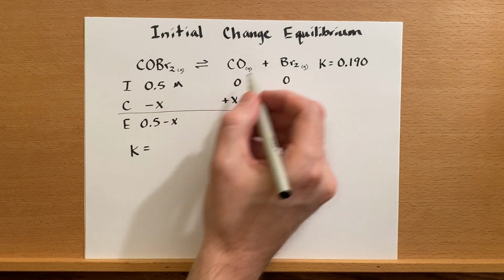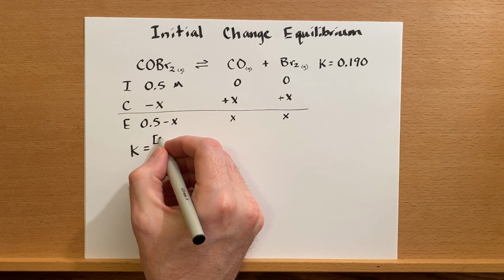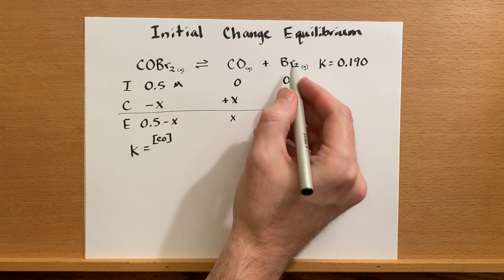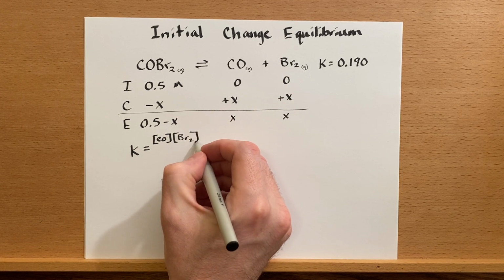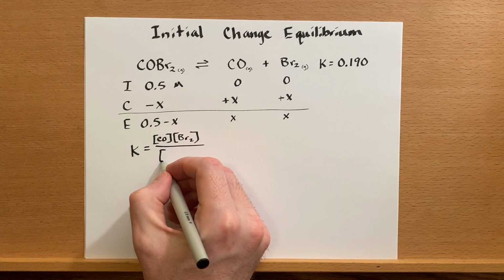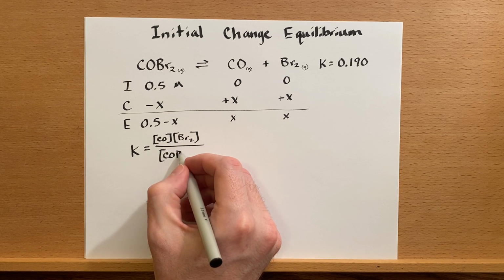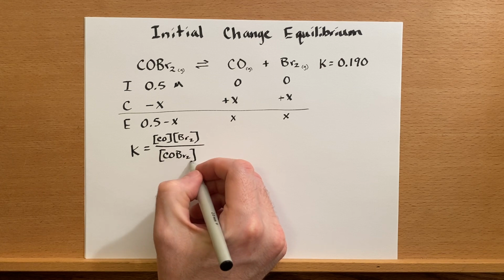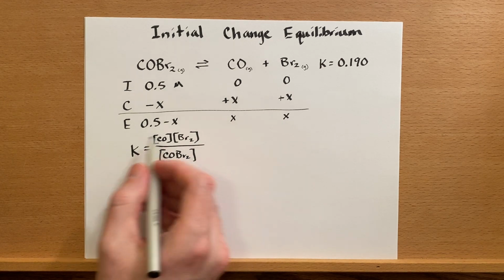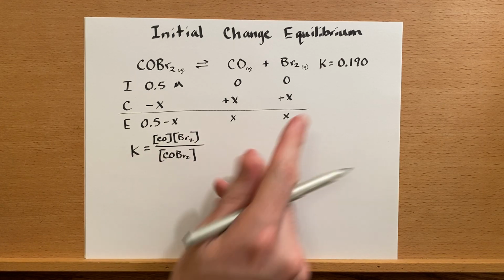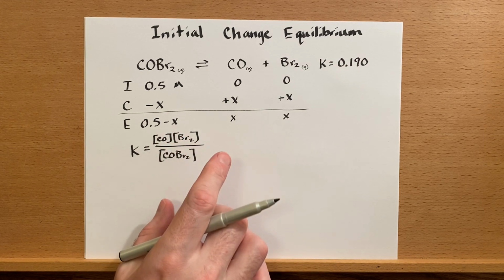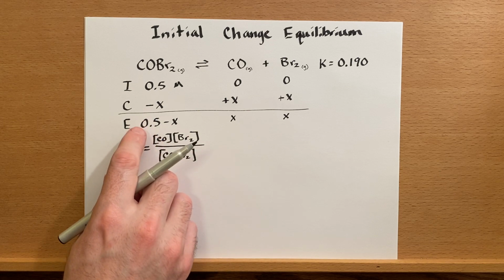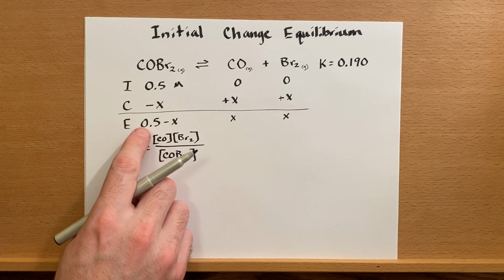And K is the carbon monoxide concentration times the bromine concentration divided by the concentration of COBr2. Right? So this is K. And we know the value of K, and we know the concentrations at equilibrium.